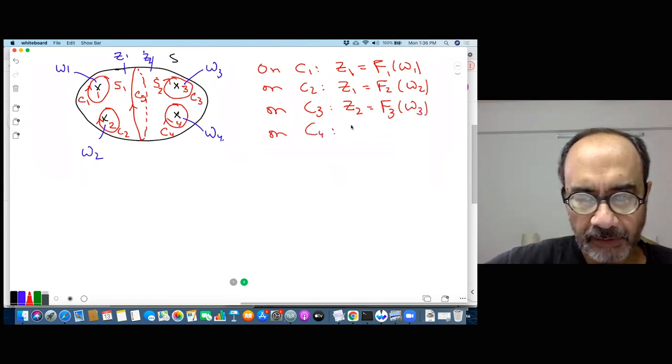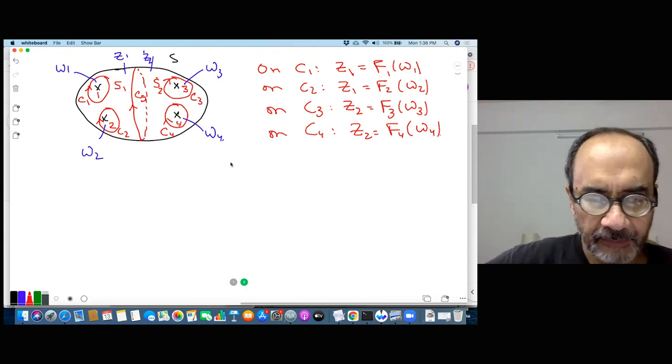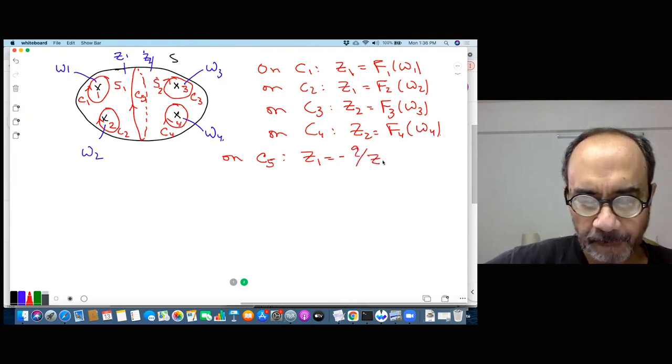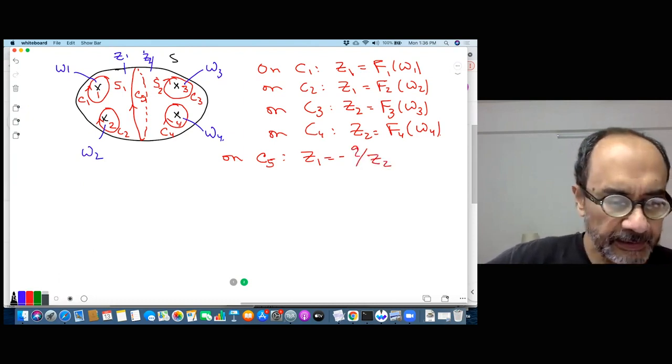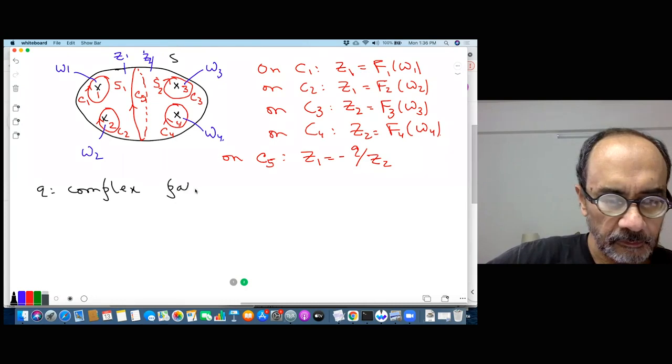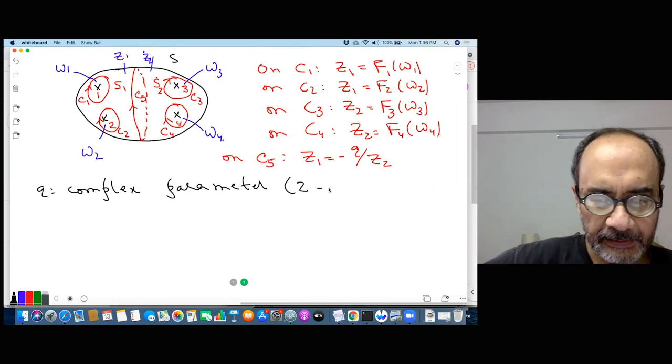On C4, we have Z2 equal to F4 of W4. And on C5, this is where I'm going to introduce the two parameters. So on C5, I'll take Z1 to be minus Q by Z2. Here, Q is a complex parameter, which is equivalent to two real parameters.